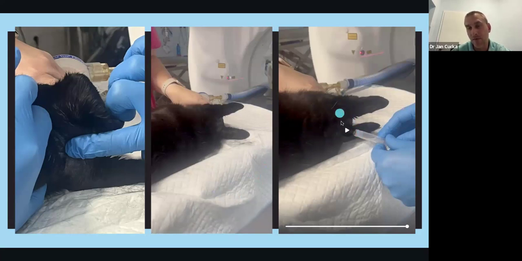But with this kind of application, usually the contrast medium is also inside the ventricles, and that's what's causing some problems, not just from the cranial puncture.